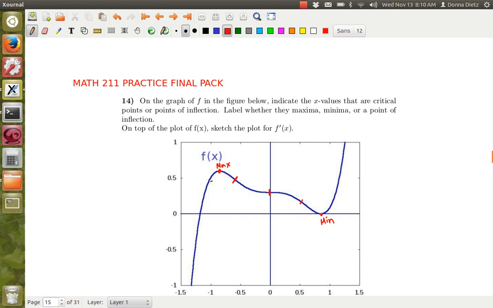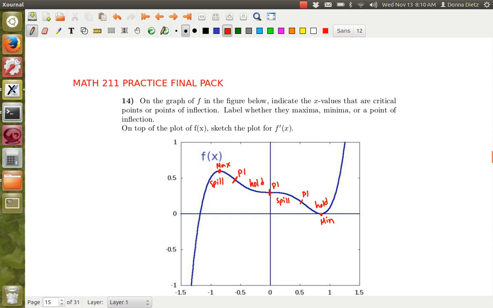So it's just a bowl going up or a bowl facing down. Okay, so all these guys have to be points of inflection, right where the spill holds move.